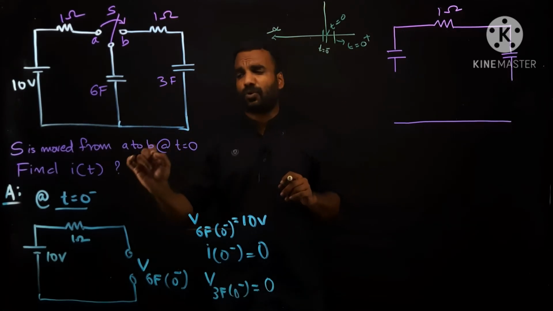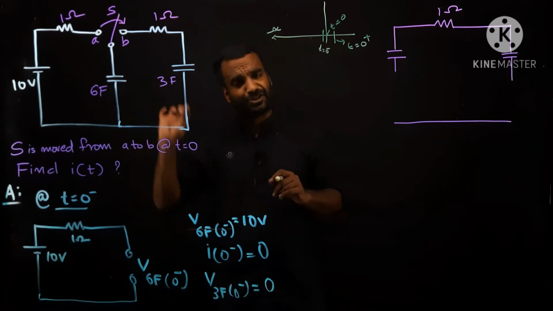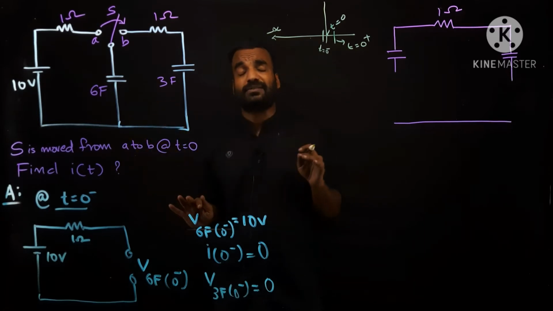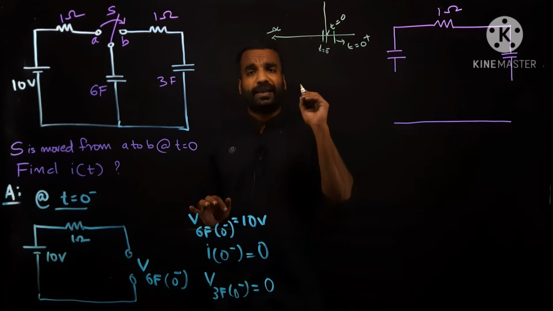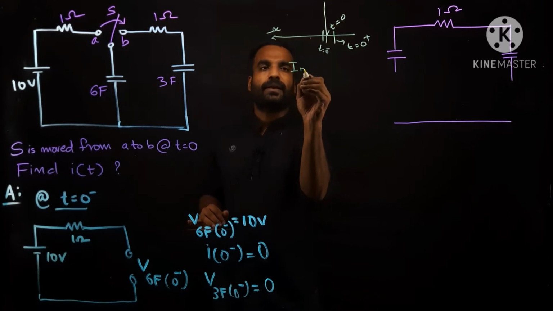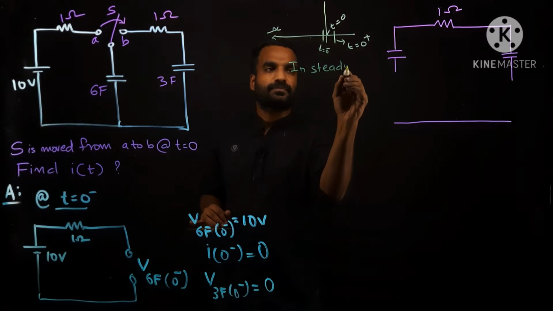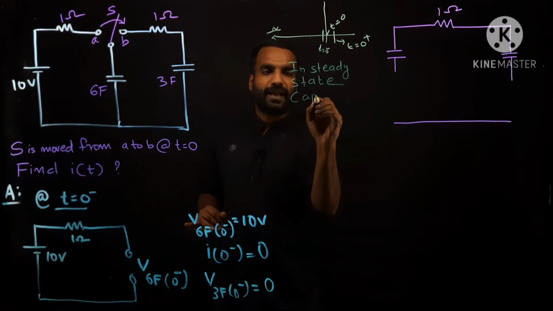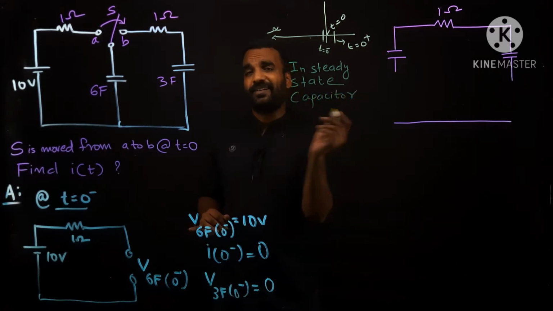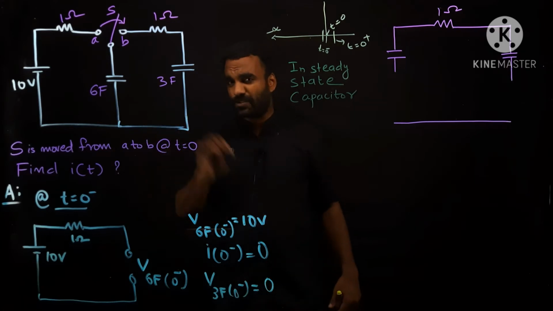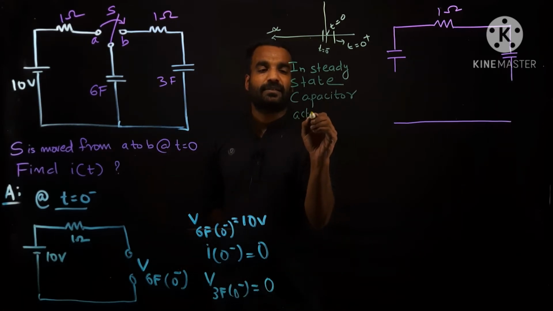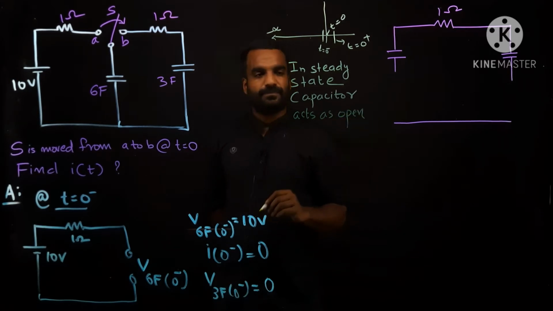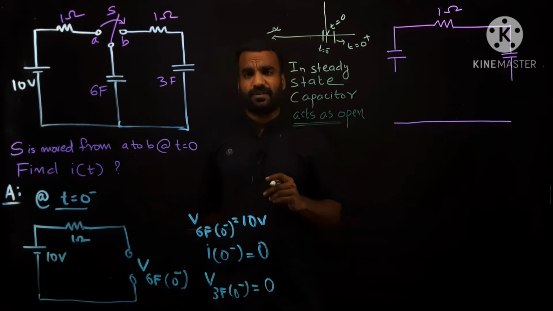In some problems they will tell you that steady state has been established before switching, but in some problems they will not say. You have to understand that steady state will be attained there. In steady state, the inductor acts as a short circuit, as in the last problem, and the capacitor acts as an open circuit.